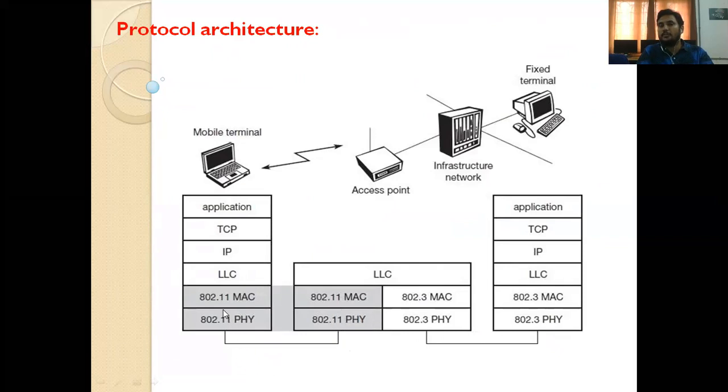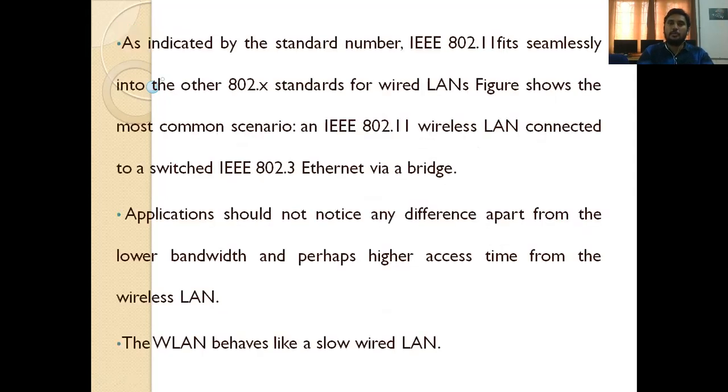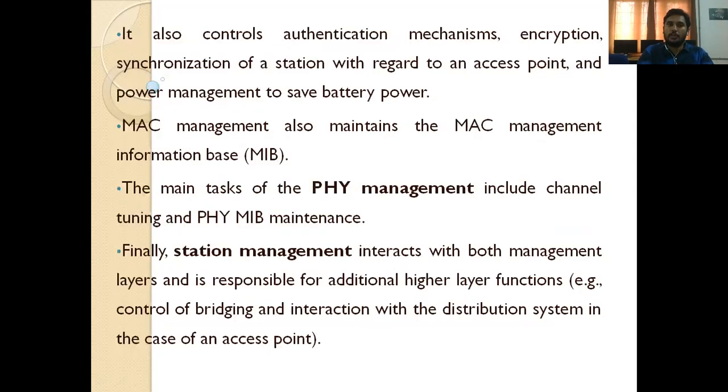So for wireless we use 802.11, and for wired purposes we use 802.3 MAC and 802.3 physical. At the fixed terminal we use 802.3 physical and 802.3 MAC, and in the mobile terminal we use 802.11 MAC and 802.11 physical. That is the protocol architecture for IEEE 802.11.